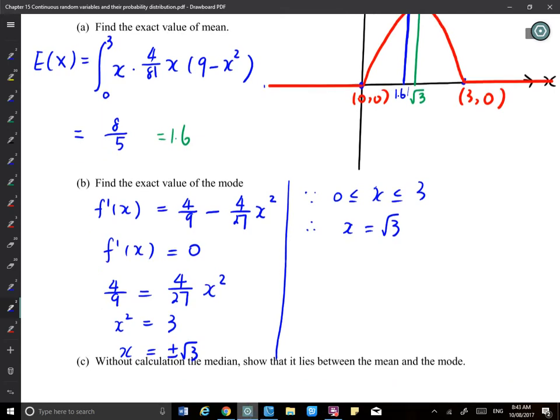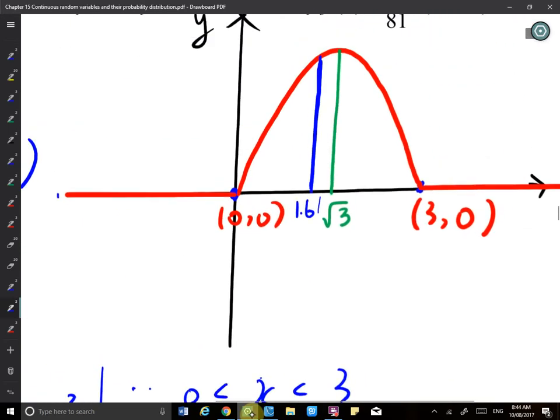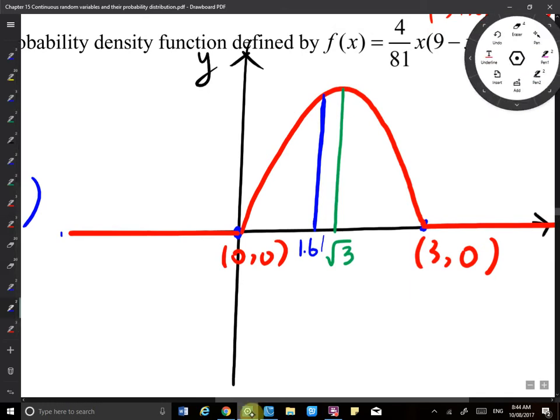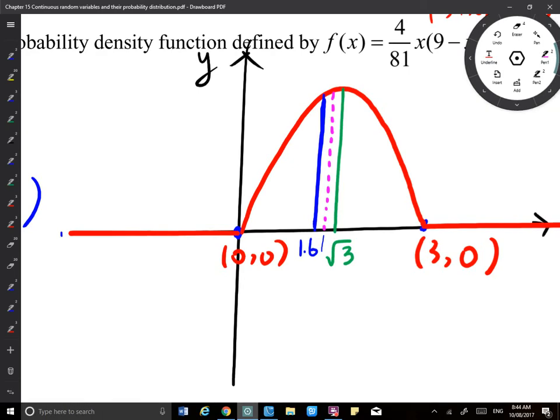Let's say the median is in the middle of those two numbers. What's the area under the curve to the left of the median? It's 0.5, and on the right it is 0.5 as well. If my median is here, then to the left of this pink line is 0.5 and to the right of it is 0.5.